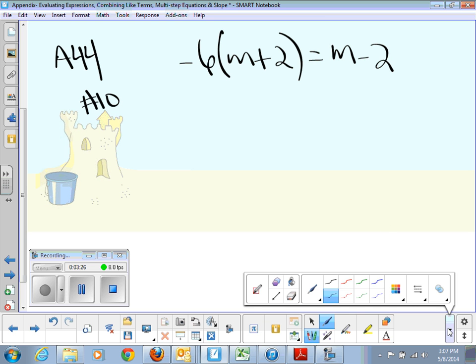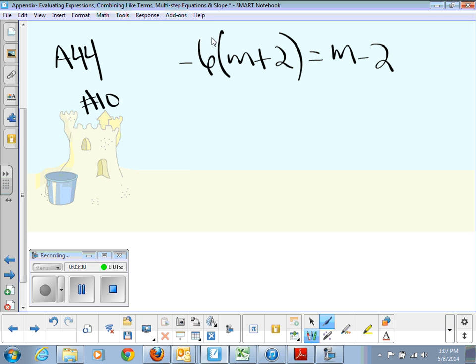Just like we've been doing, we are going to use the distributive property, negative 6 times all of this. So negative 6 times m is negative 6m. Don't make the silly mistake of writing down a plus 2. Make sure you do negative 6 times 2, which is negative 12, equals m, which is 1m, minus 2.